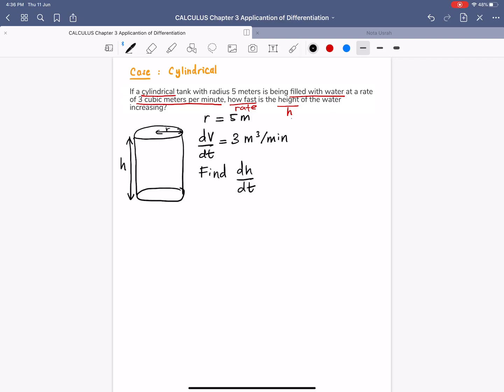And we know that the volume of a cylinder equals pi r square h. You can find this formula from page 47 of your formula book.